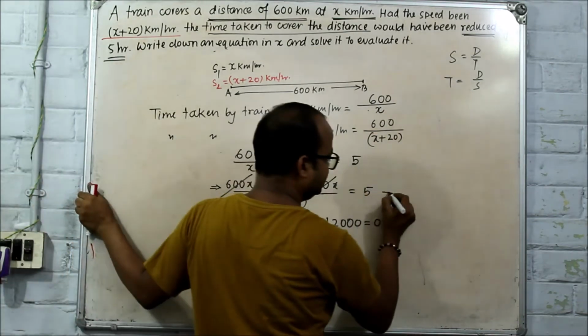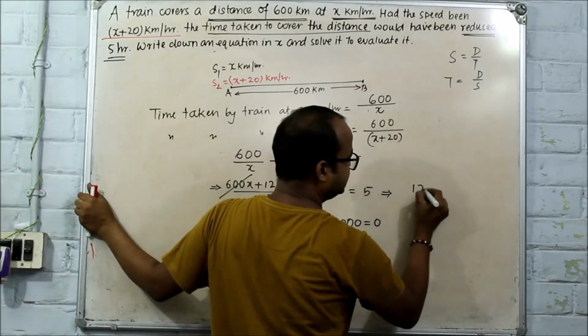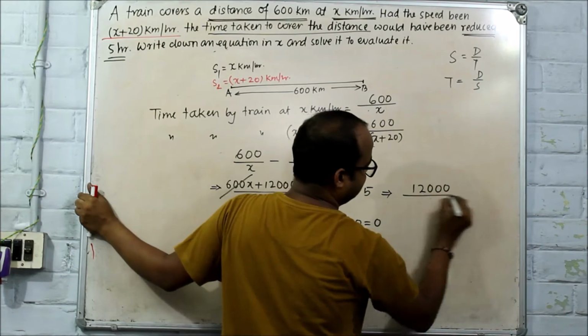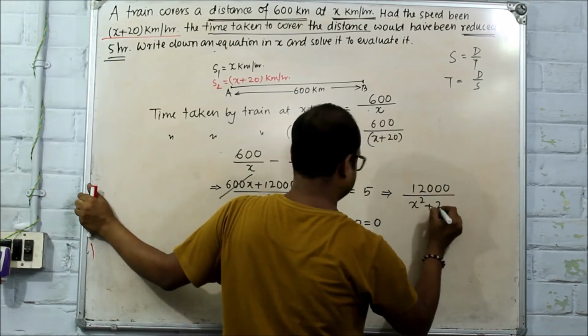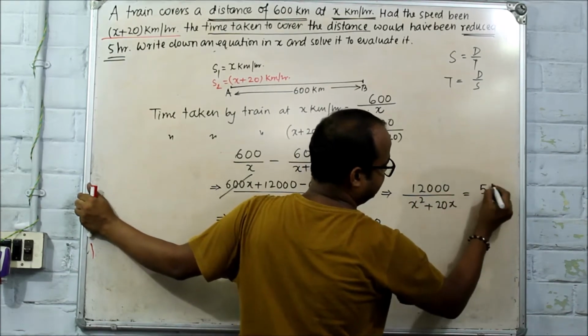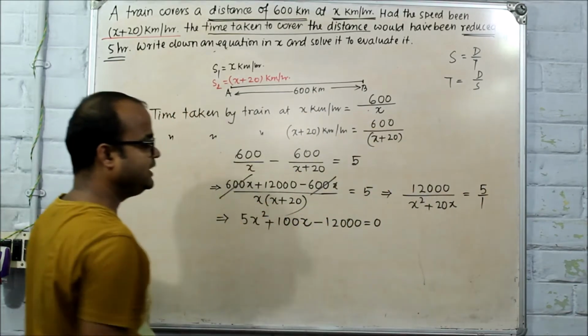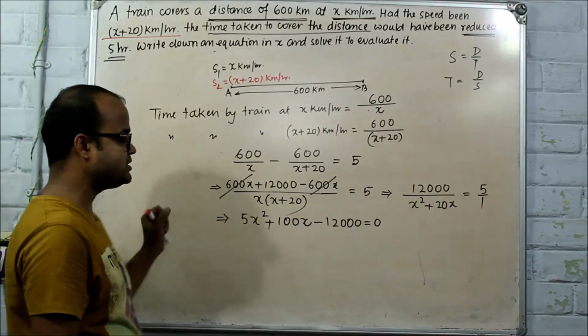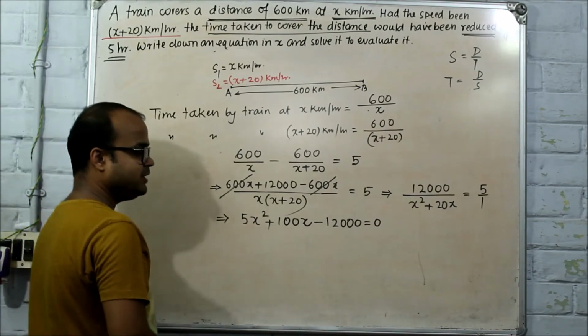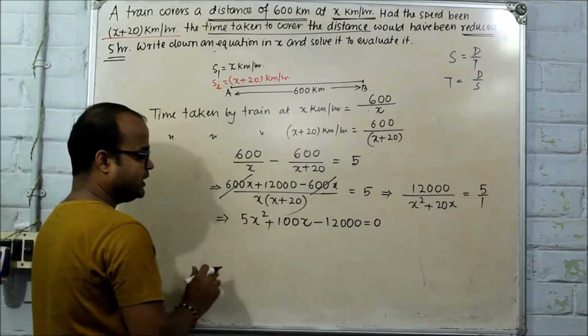If I show you one more step, it will be 12000 by x square plus 20x is equal to 5 by 1. So I am cross multiplying and taking this constant to this side so that I can express it in the standard form of a quadratic equation.